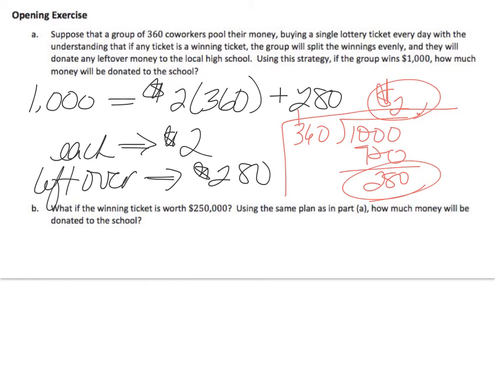What if the winning ticket is worth $250,000? Using the same plan as in Part A, how much money will be donated to the school? So I'm just going to make a little note over here. Use my handy dandy calculator.